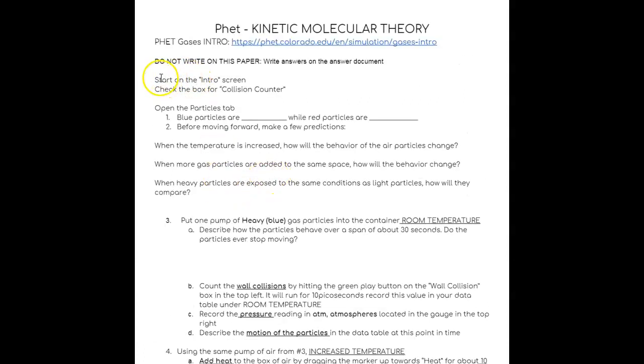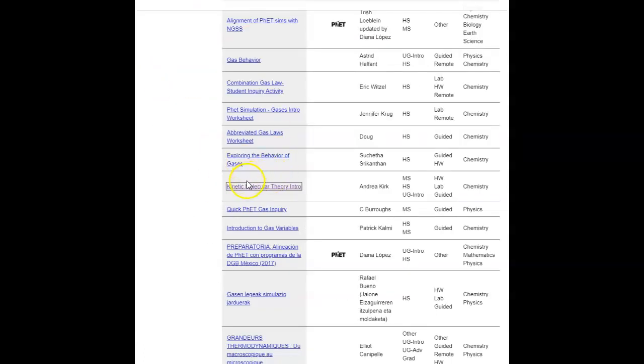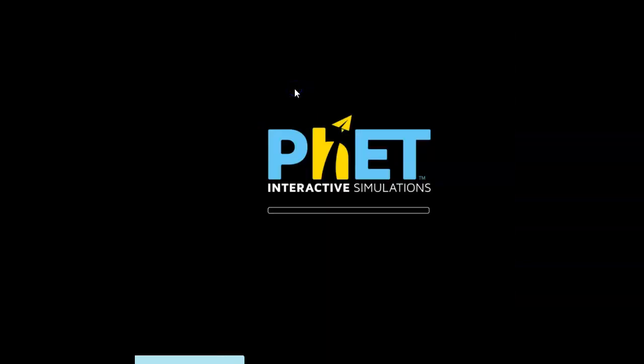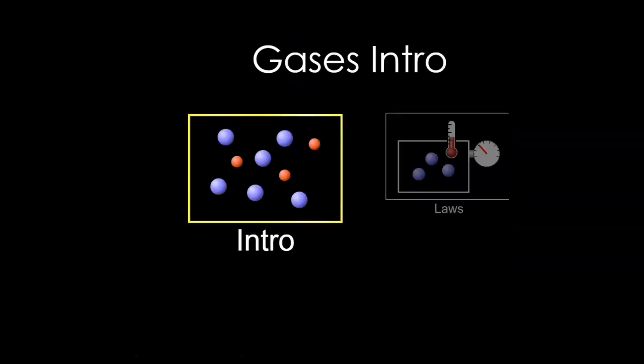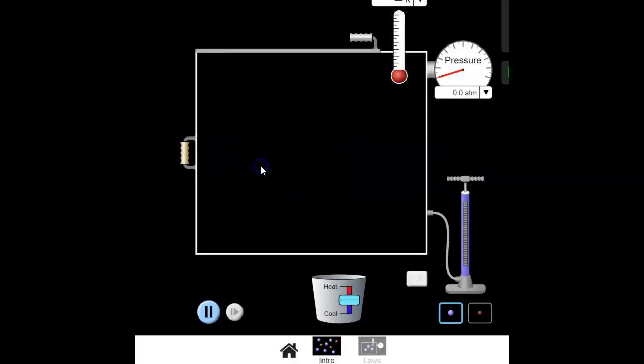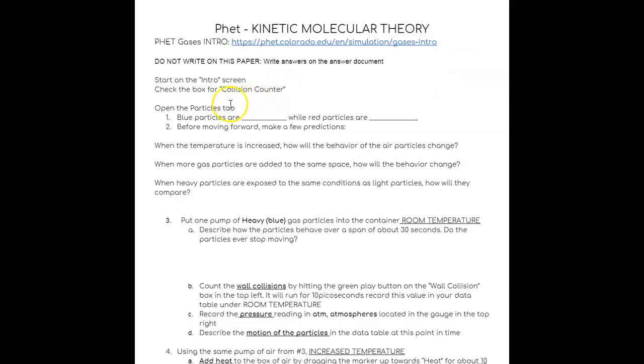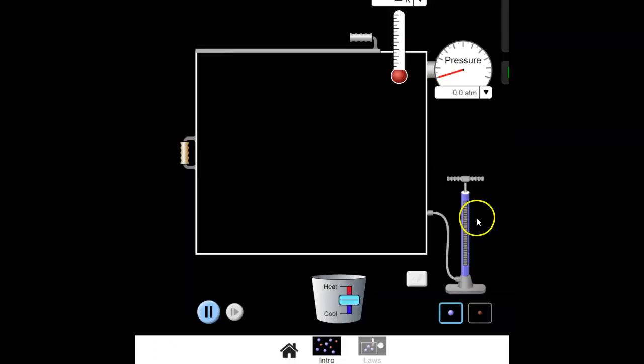The first thing says start on the intro screen. So we're going to open up the lab. And the intro screen's here. It says blue particles are blank while red particles are blank. So if you open up particles here, let's make this smaller.